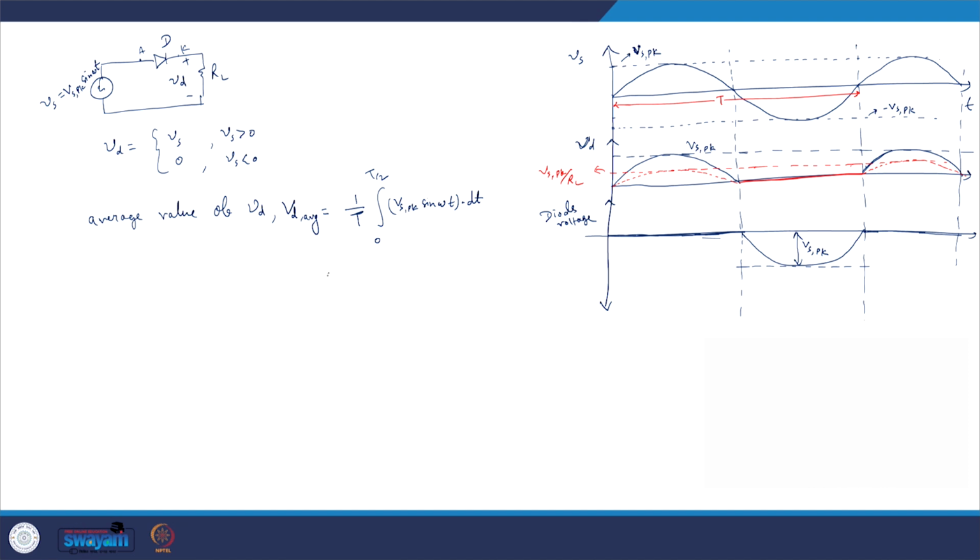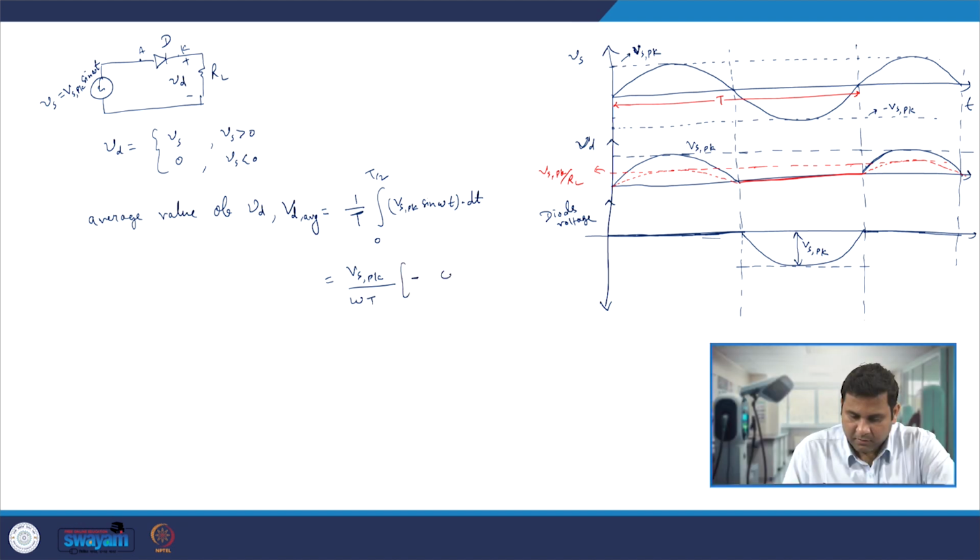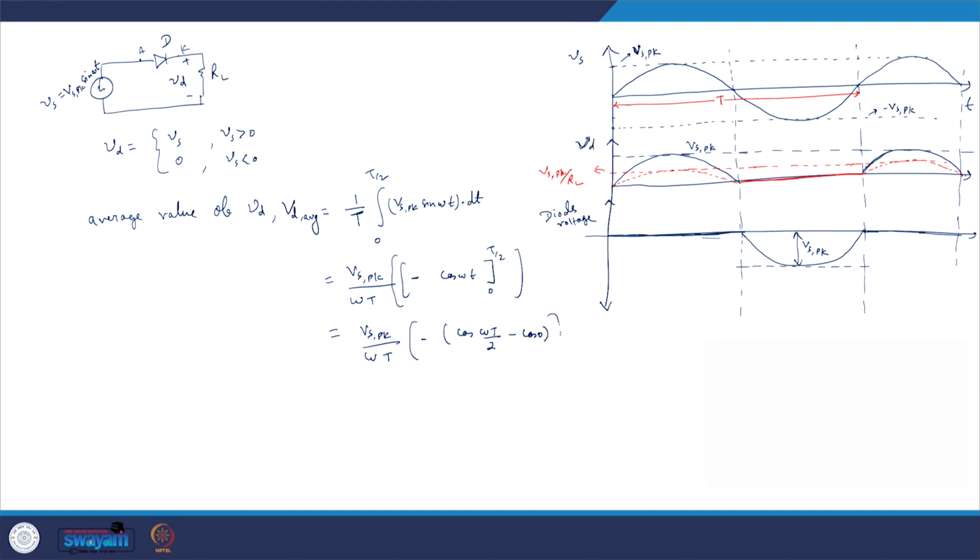So when you solve this particular thing you will get minus cos omega t going from 0 to T by 2, and that will give you Vs peak by omega of cos omega t at T by 2 minus cos 0.